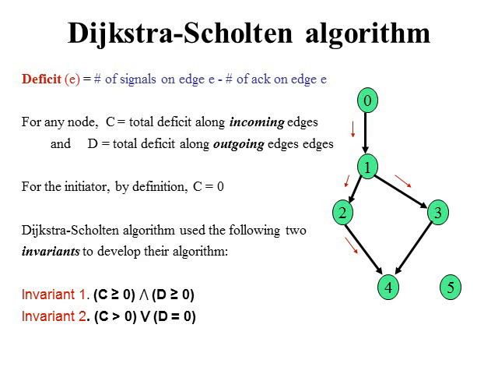The deficit along an edge E is nothing but the number of signals on edge E minus the number of acknowledgements that are received along the edge E. So for any edge E in the distributed system of processes, the number of signals that were sent via the edge minus the number of acknowledgements that were sent back on the same edge gives the deficit on that edge.